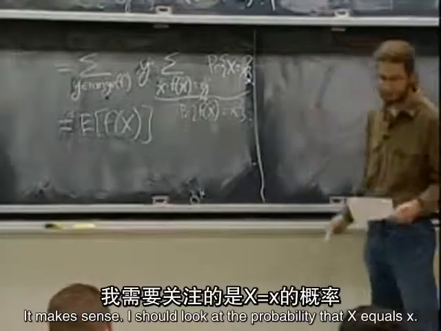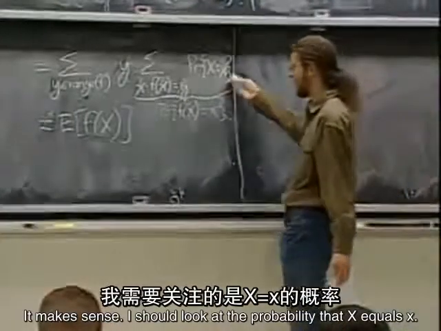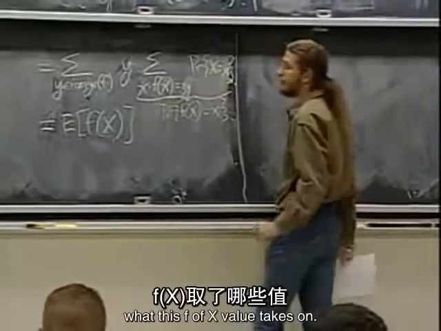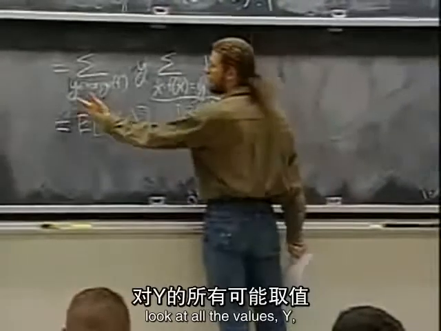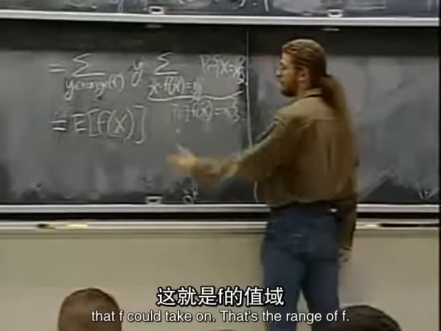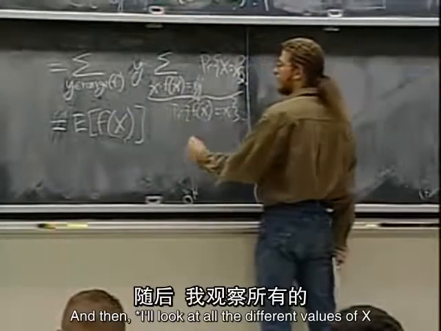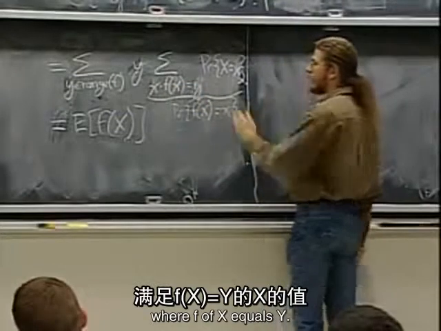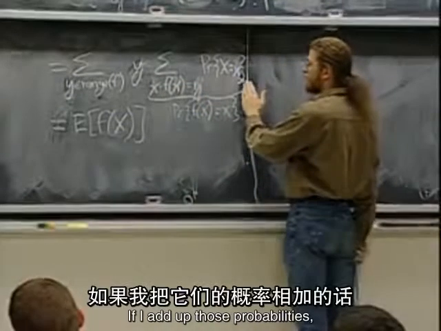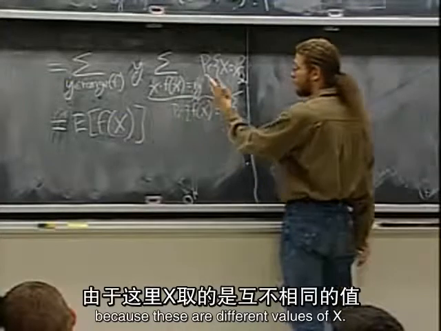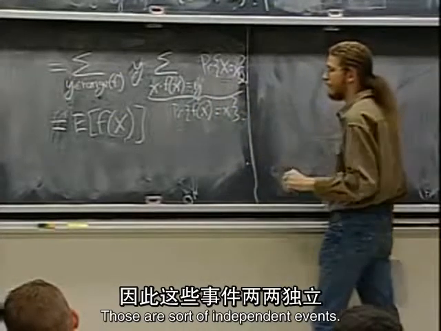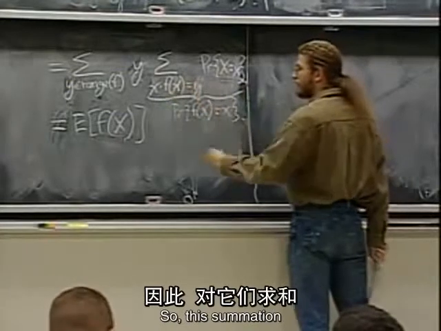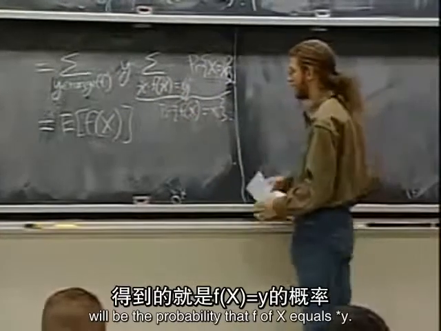So what I really care about is what value f of X takes on. Let's just call it y. Look at all the values y that f could take on. That's the range of f. And then I'll look at all the different values of x where f of x equals y. If I add up those probabilities, because these are different values of x, those are disjoint events. So this summation will be the probability that f of X equals y.